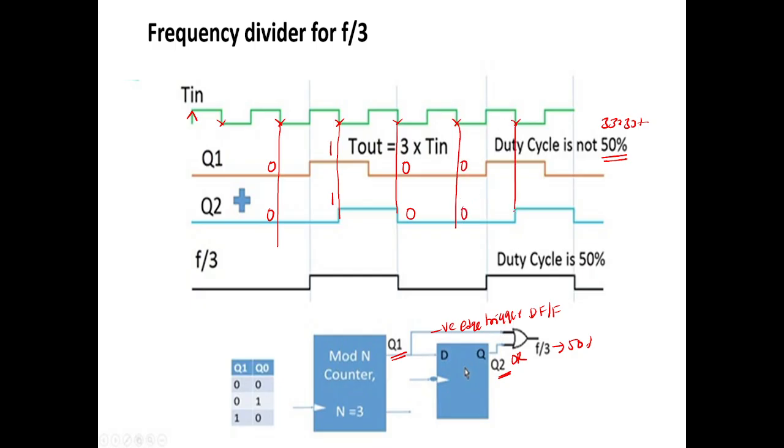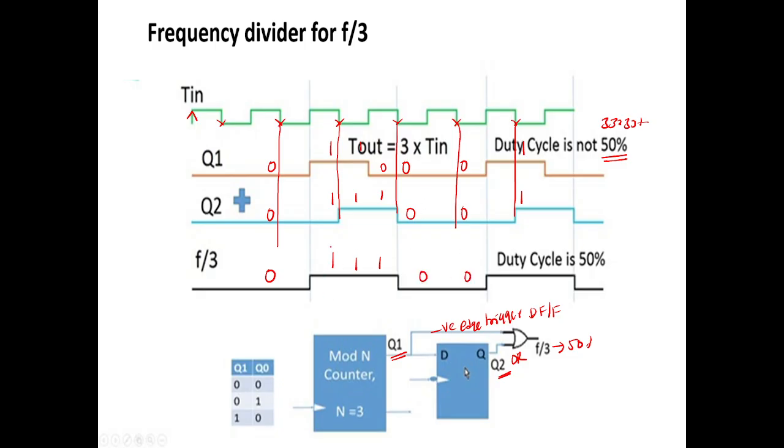Again, Q1 is 1, it goes to 1. In such a way, you need to do the OR operation. 0 OR 0 gives 0 only. 1 OR 1 is 1. Here 1 OR 1 gives 1. 0 OR 1 gives 1. And here all are zeros only.